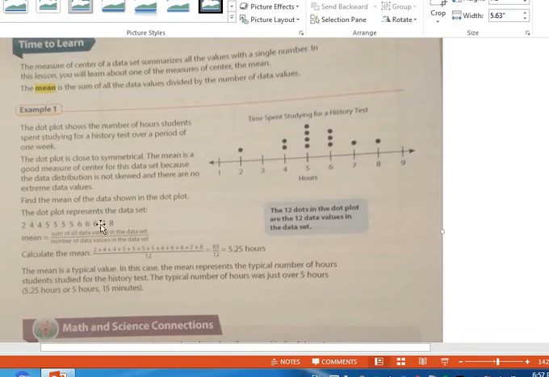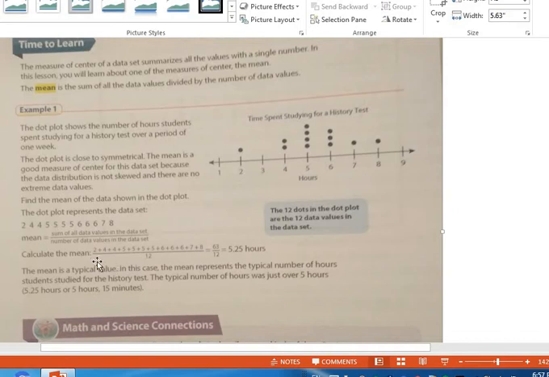The dot plot represents the data set. I have here 2, 4, 4, 5, 5, 5, 5, 6, 6, 6, 7, and 8. So as I told you, we have a rule I should follow. The mean equals the sum of all data values in the data set over the number of data values in the data set.